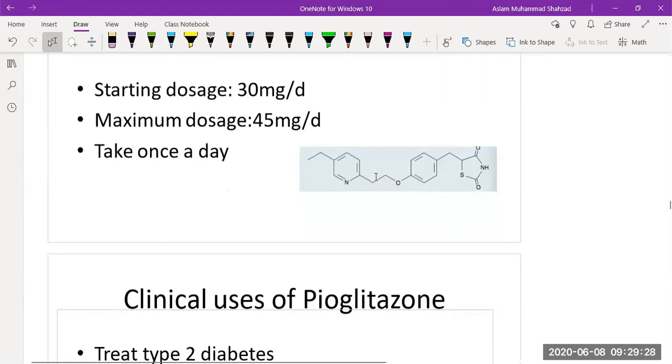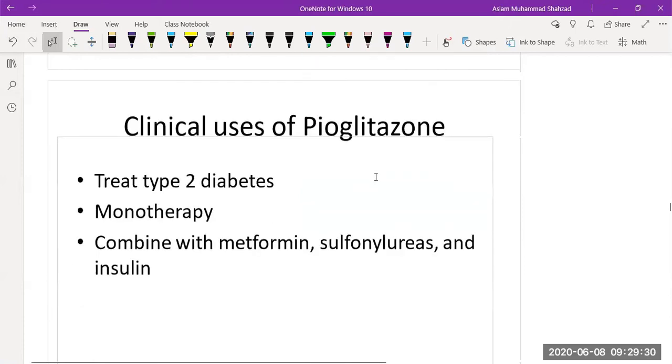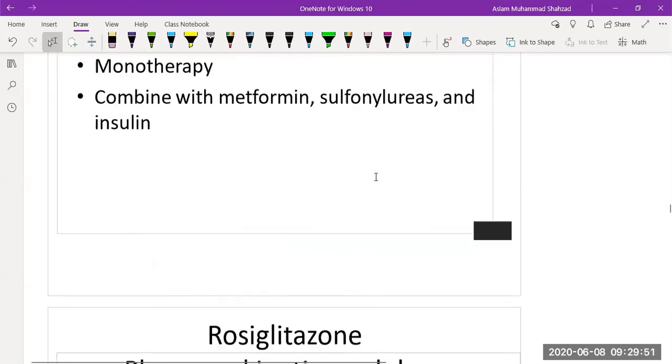So that is a more patient-preferred drug, because for patient compliance they only need to take it one time a day, and that makes it easy to manage diabetes mellitus. Clinical uses: it can be used as monotherapy or in combination with metformin, sulfonylureas, and insulin. We will discuss the clinical management in our upcoming lectures.